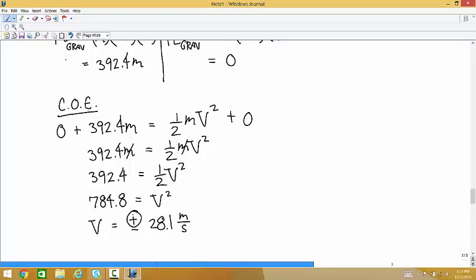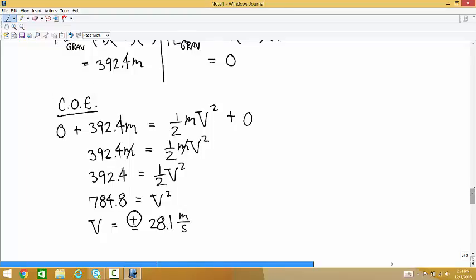Okay, yes? I'm sorry, can you just go over, I'm a little bit confused. I understand what you did for the, what does COE stand for again? Conservation of energy. I understand how you got that, but I'm a little bit confused about how you got the equations for the top of the hill and the bottom of the hill.